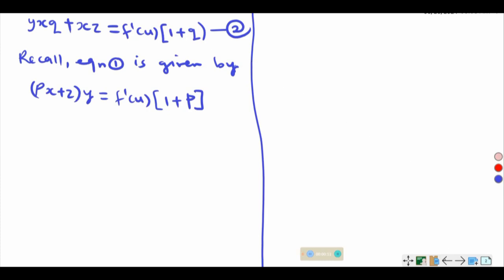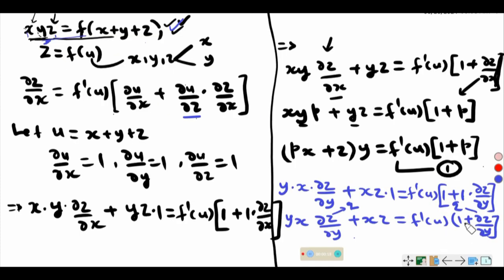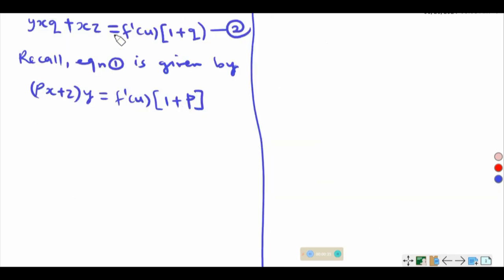That is after substituting for q where there is del z, del y. Then here also where there is del z, del y, we have placed q. So that's why we have this given expression here.